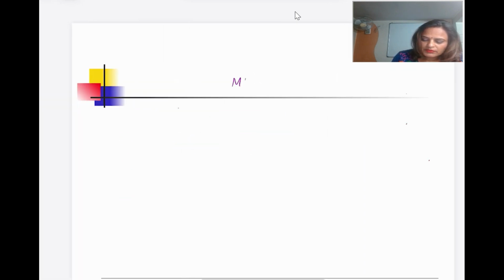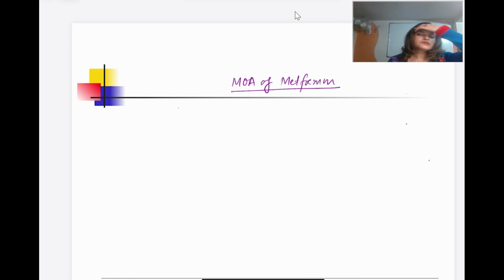So, the mechanism of action of Metformin. How are they going to act? They act by overcoming insulin resistance. They are AMPK agonists. So Biguanide or Metformin, they are AMPK agonists. AMPK stands for a kinase.